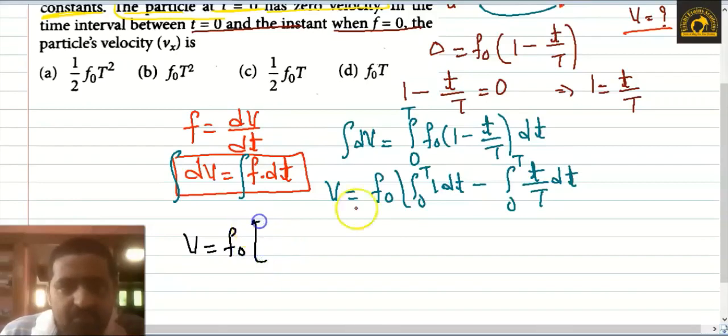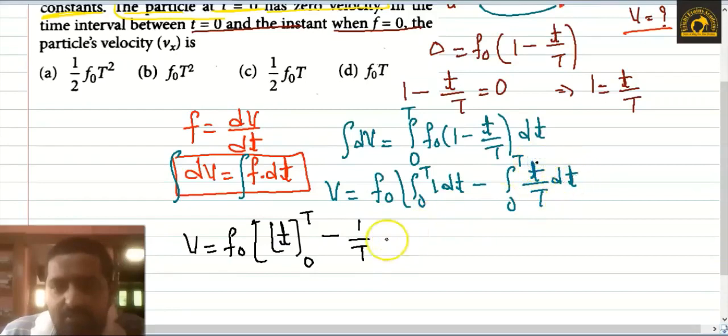The integration of 1 dt is t, with limits from 0 to capital T, minus 1 by T, which is constant, times the integration of t dt, which is t square by 2, with limits from 0 to capital T.